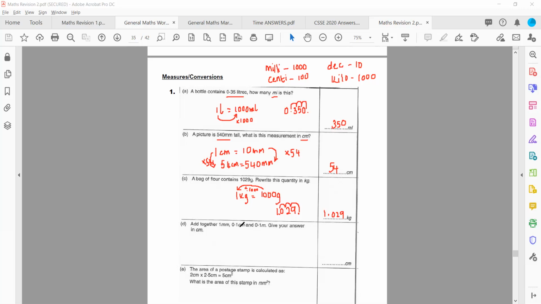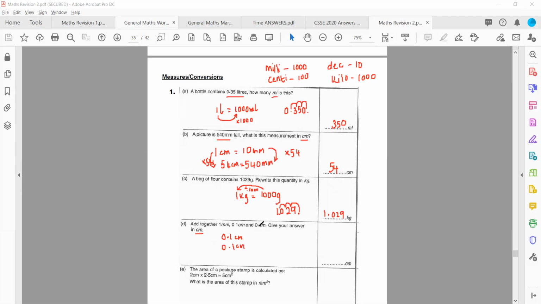Now, this question down here, you're adding together different measurements in different units. So we have 1 millimetre, 0.1 centimetres, 0.1 metres, and they want you to give your answer in centimetres. So before you begin, convert them all into centimetres. So 1 millimetre, remember there are 10 millimetres in a centimetre. So 1 millimetre would be 0.1 centimetres. You have 0.1 centimetres here already. And then you have 0.1 metres.